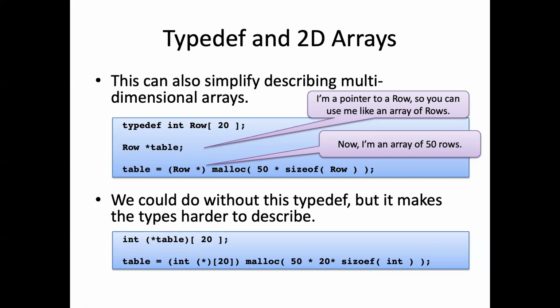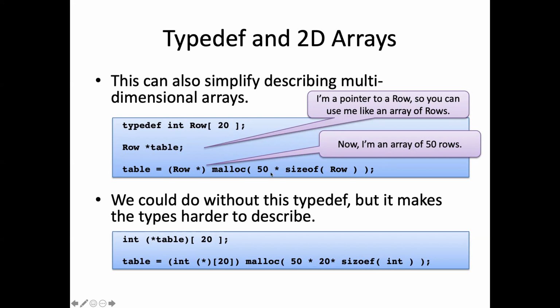Well, if we had a name for a row of a multi-dimensional array, this would be easier. So that's what I'm doing here. I use typedef to say, a row is a 20-element array of ints. So if you want a pointer to a bunch of rows, it's just a pointer to a row, and then you can malloc space to point to as many of those rows as you want.